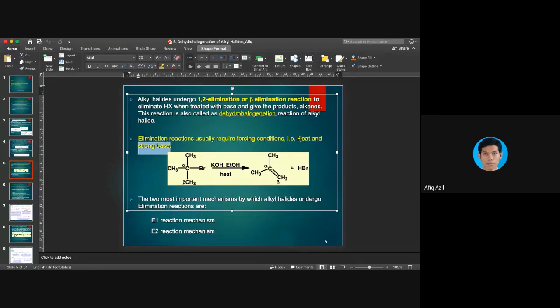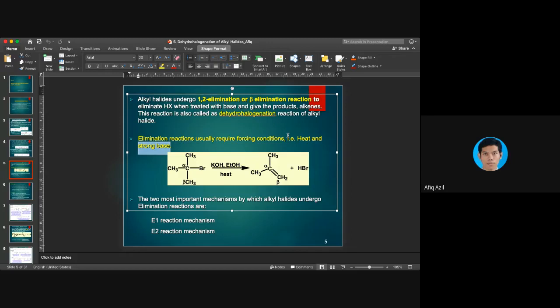Or sometimes the reaction is heated a little bit. Heat kat sini bukanlah sampai beratus-ratus degree Celsius. Normally it is higher than room temperature, or 60 degree Celsius, 70, depending on the solvent that you are using.